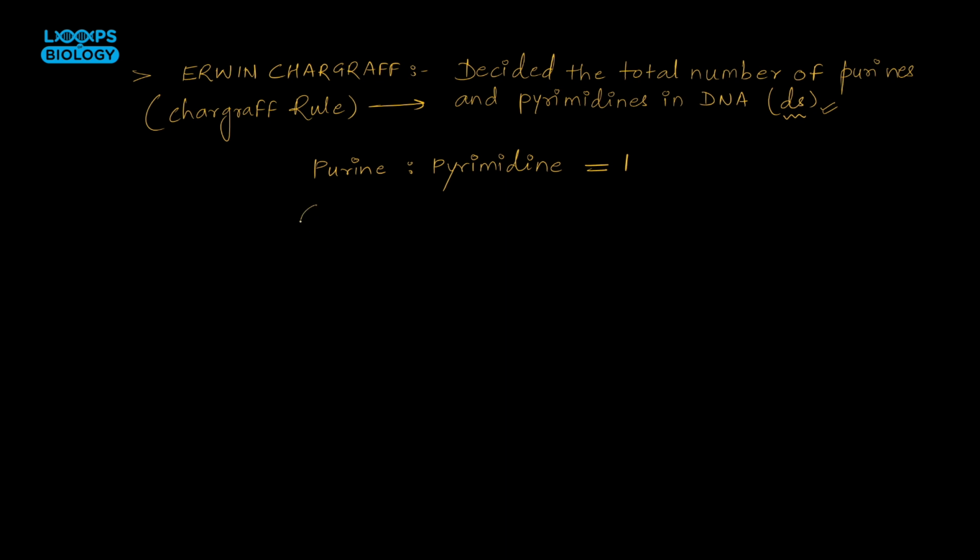If I'm talking about purine, that is A plus G, right? And pyrimidine is nothing but T plus C. That has to be 1. So A plus G is always equal to T plus C. So the number of purines and pyrimidines is completely equal, having a ratio of 1. That is what Erwin Chargaff was saying about double-stranded DNA.